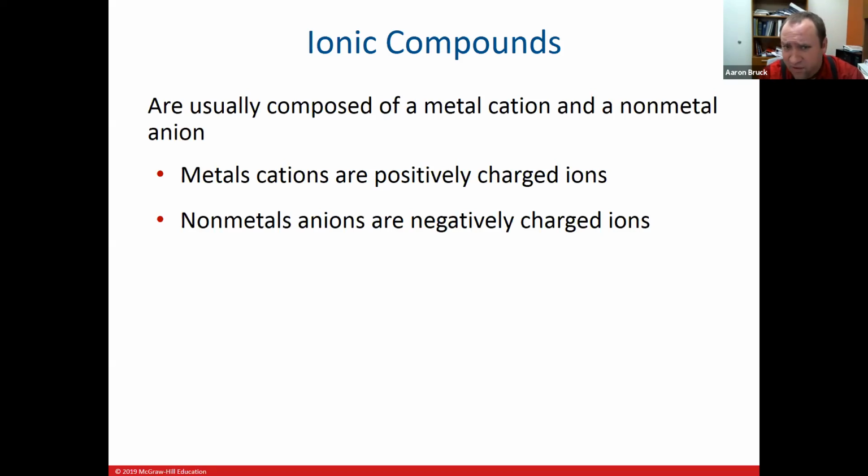Now, inside of that group of positive and negative charge, there are some kinds of ions that have more than one element in them. We call them polyatomic ions, and we'll get to those in a second. But ordinarily speaking, we can usually identify an ionic compound by the fact that it has a metal in it. If it has a metal in it, there's a very good chance that it is an ionic compound.